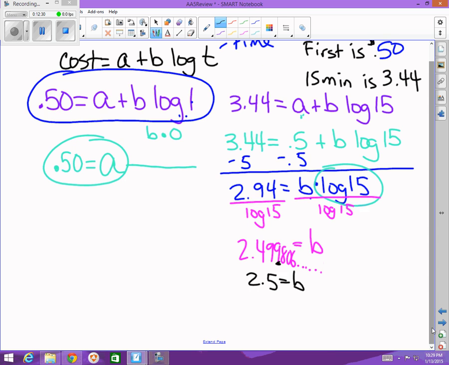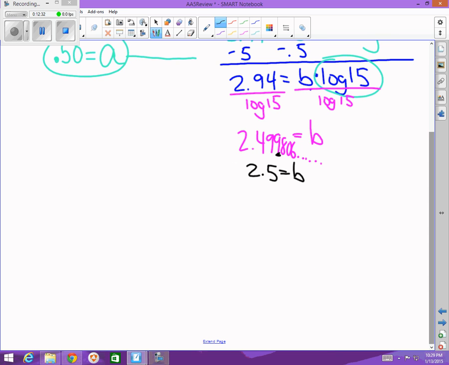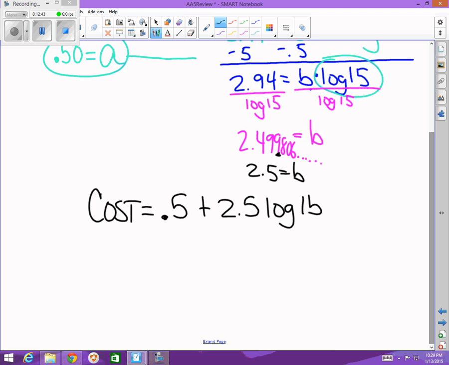So now we know what a and b are, so then we can say cost is now equal to a, which is 0.5, plus 2.5 log t. So there we've found a and b.